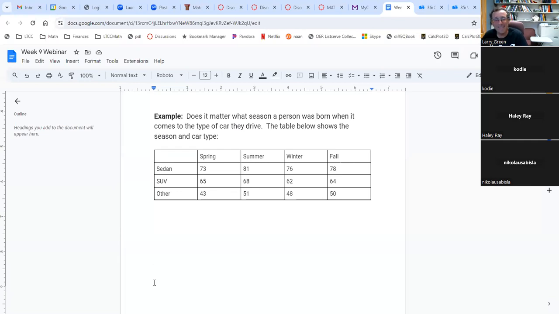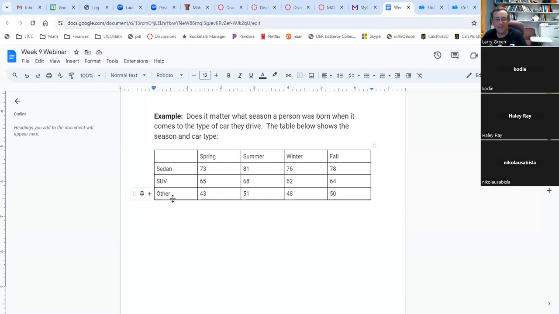But the point is that your answer to the survey question was not a number. I didn't say what season you were born in, and you didn't say 70 to 78 or something. You didn't say yes. This is again qualitative, and it's not a yes, no question. And then the other is what type of car do you drive?